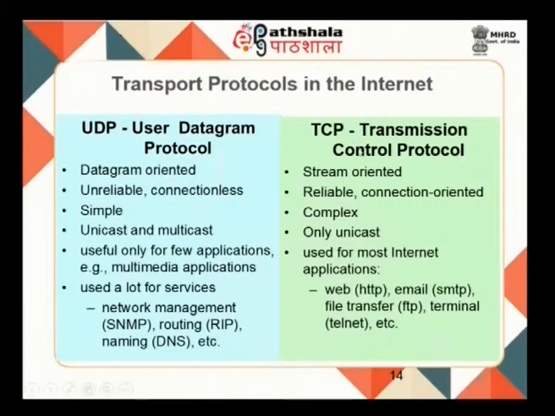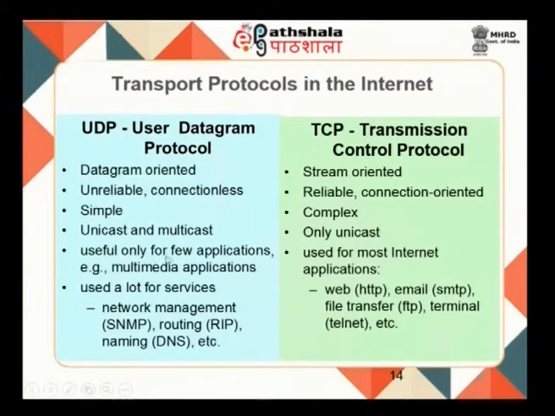The TCP protocol on the other hand is a stream oriented protocol, that is, it looks at the data being sent as a stream of bytes. UDP is an unreliable, connectionless protocol. TCP on the other hand provides reliability and is connection oriented. UDP is very simple, TCP is complex. UDP supports both unicast and multicast, TCP is used only for unicast.